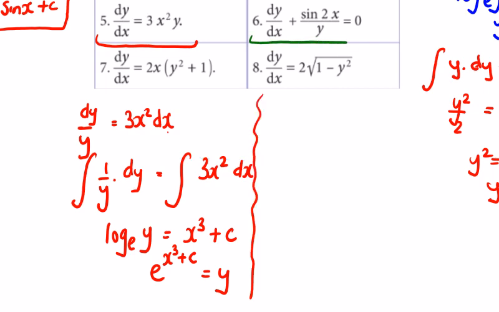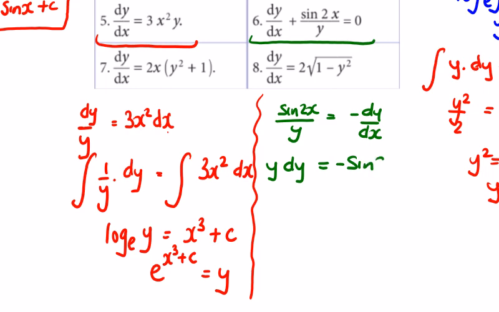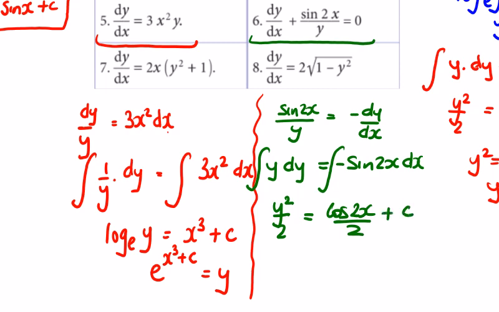Question 6. If we were to leave the y there, sine 2x over y is equal to minus dy/dx. Multiplying by y, we then get minus y dy is equal to sine 2x dx. And we integrate both of these, we will get y squared over 2 equal to, sine goes to minus cos, so minus minus gives plus cos 2x times 1 over 2, plus c.